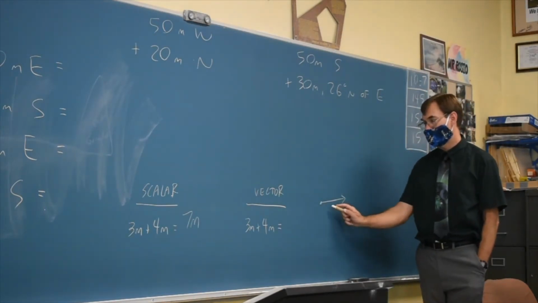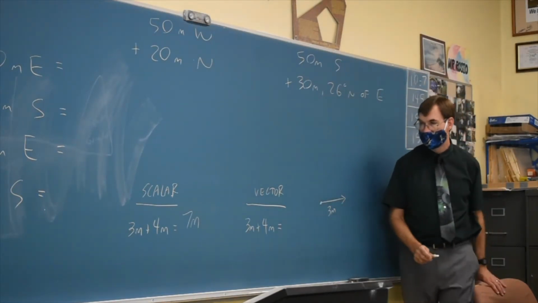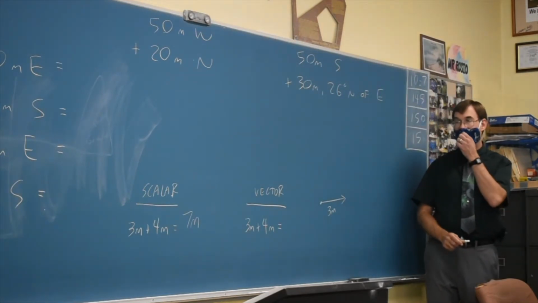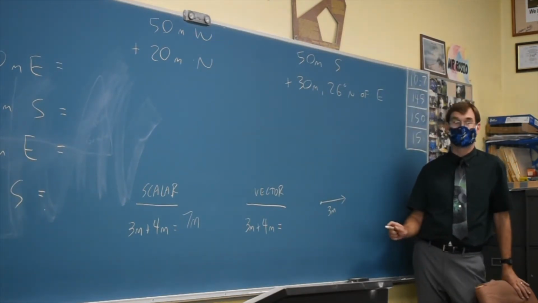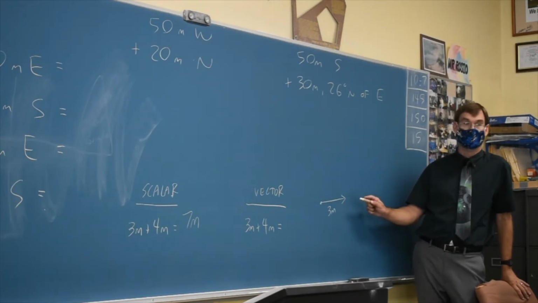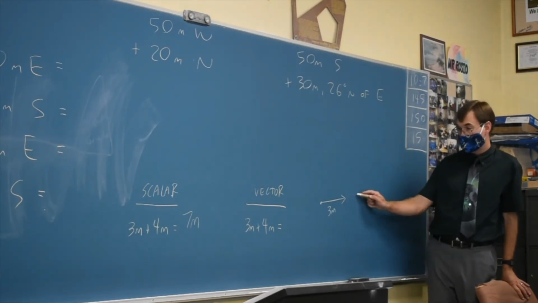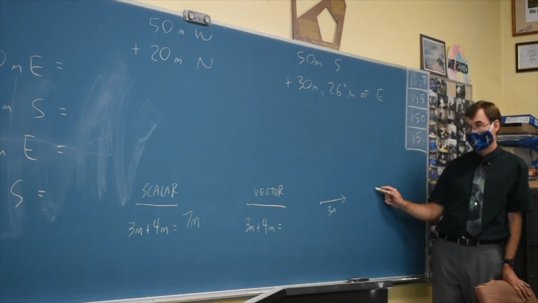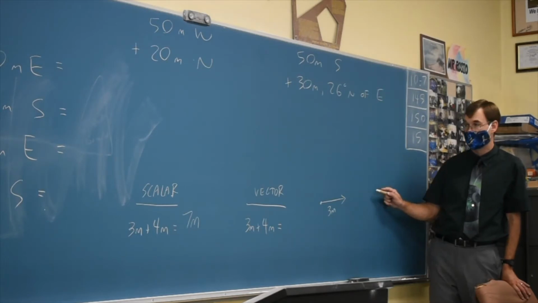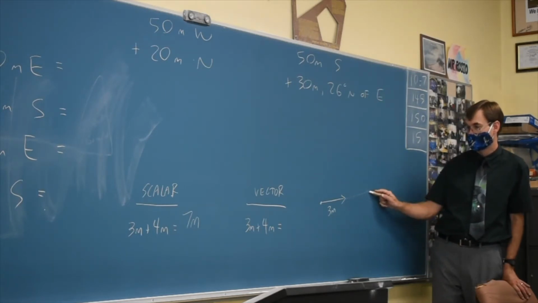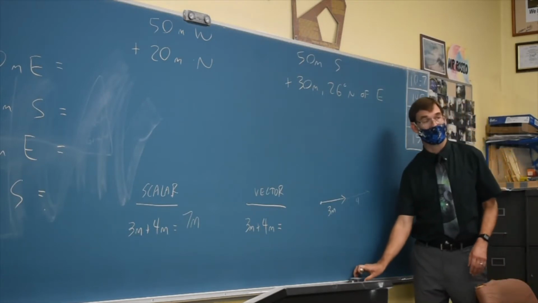If I walk 3 meters, the only way that I could add on 4 meters and get 7 meters is if I would do what? Keep on going in the exact same straight line in the exact direction. And in that case, even in vector world like this, 3 plus 4 still makes 7.